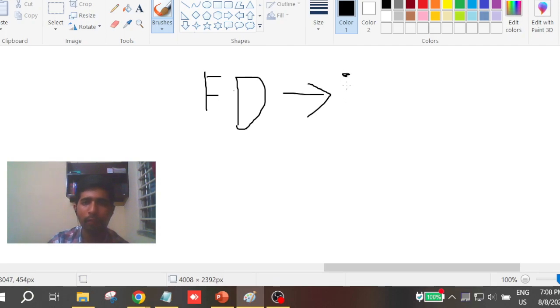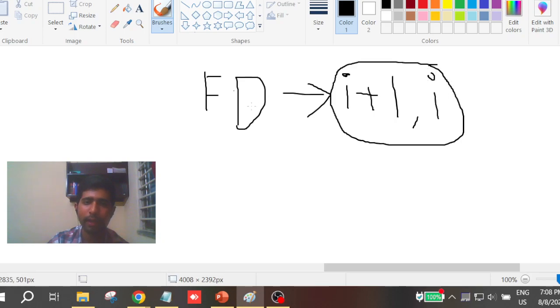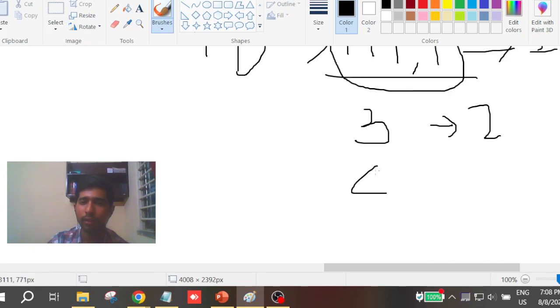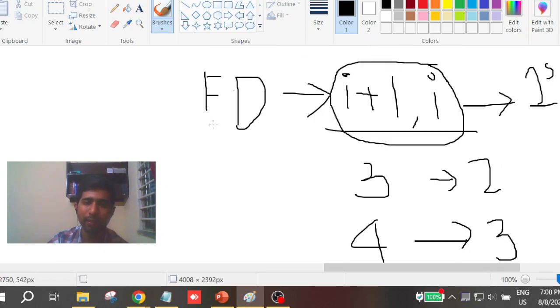Now if you have I plus 1 and I, you have two grid points in the finite difference formulation. This will give first order accuracy. If you have 3, you will get second order accuracy. If you have 4 points, you will get third order accuracy. So it is the order of accuracy. This is applicable for forward difference and backward difference also.